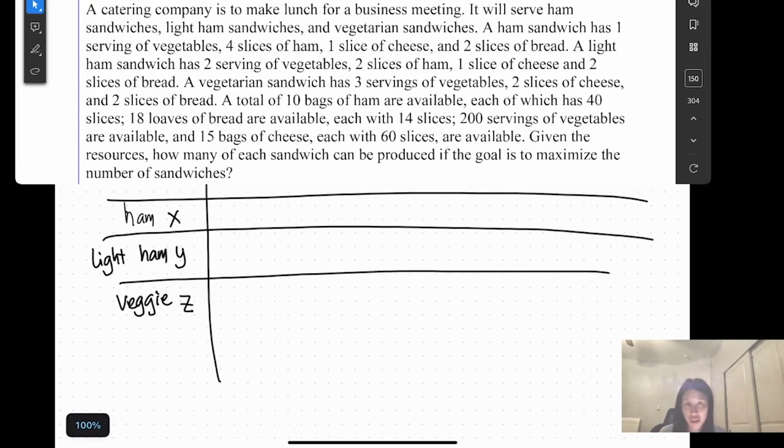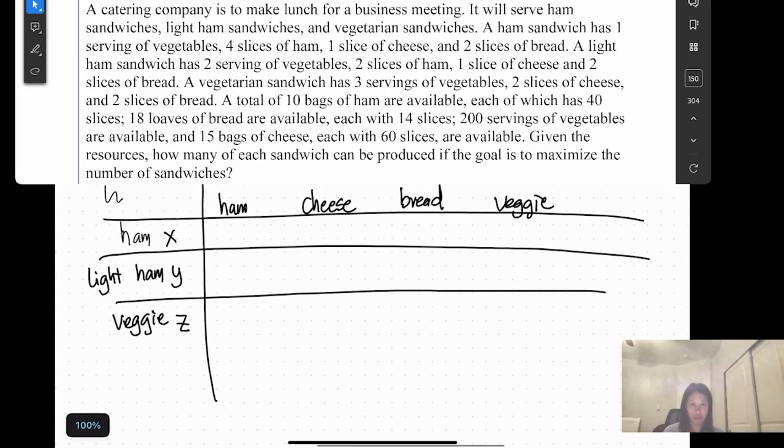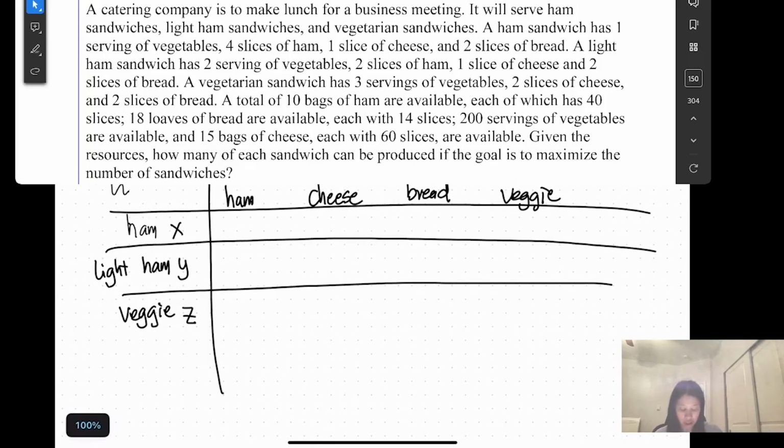Okay, so each sandwich contains different amounts of ham, cheese, bread, and veggies. Based on the question, the way that we set up is: the ham sandwich contains 4 ham, 1 slice of cheese, 2 slices of bread, and 1 serving of veggie.